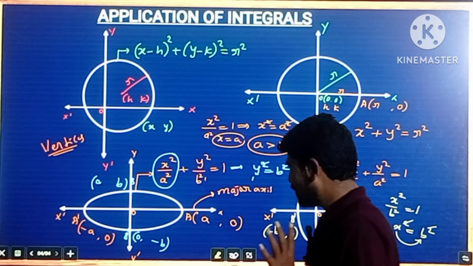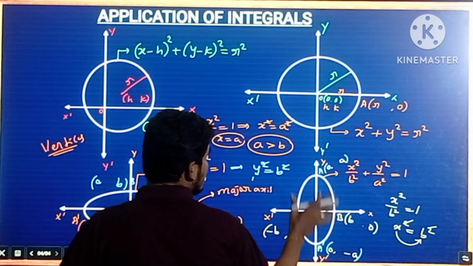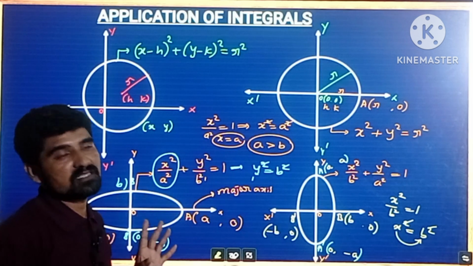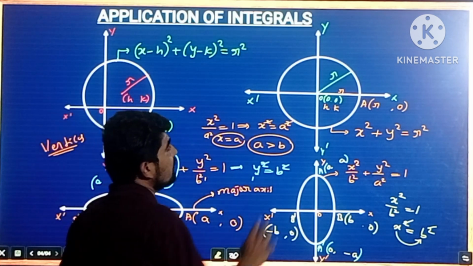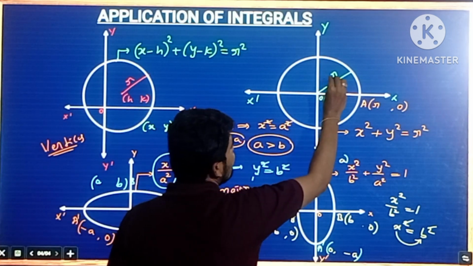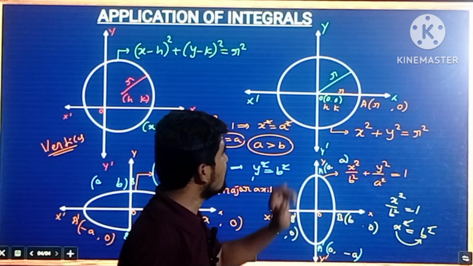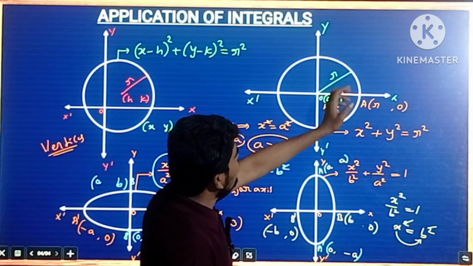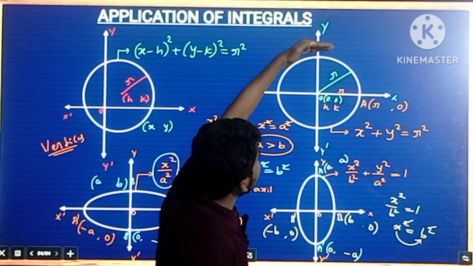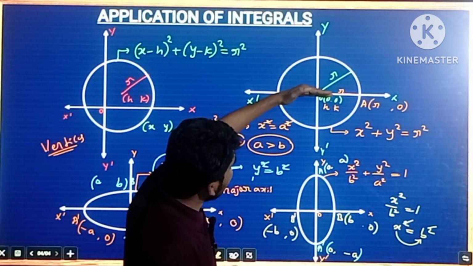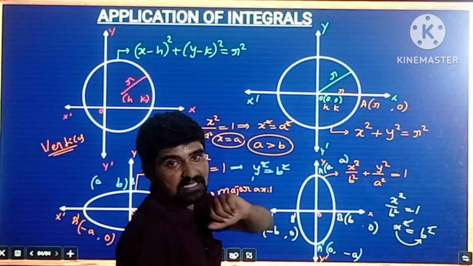And one more thing you need to observe here, ellipses and circles are symmetrical figures. Symmetrical figures means equal area is distributed in the first quadrant, second quadrant, third and fourth quadrant. I hope all of you are understanding. The area bounded by the circle above the x-axis is equal to the area bounded by the circle below the x-axis.